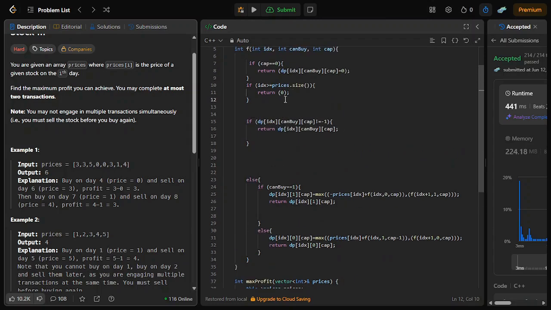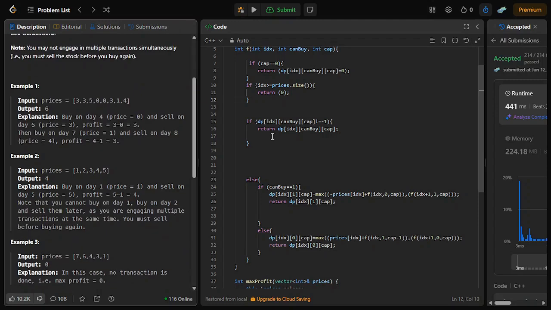So this should be another variable. Now this means that we are just going to have an index size of three, right? Because cap can vary between 2, 1 and 0, which means that the number of transactions you have remaining is 2, 1 or 0.